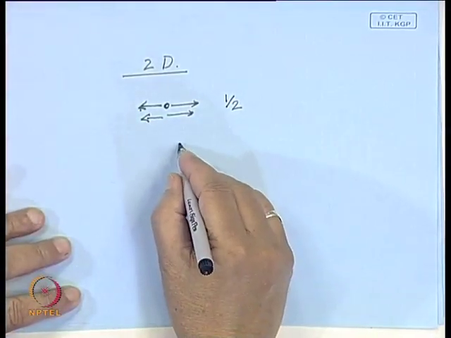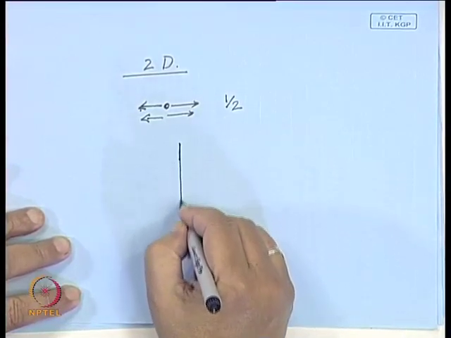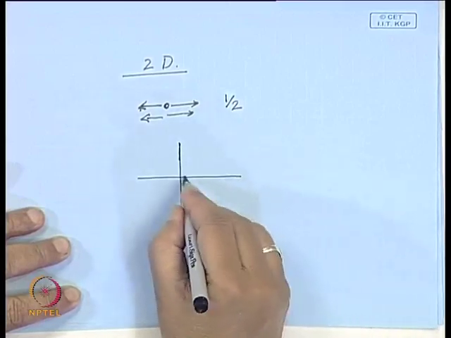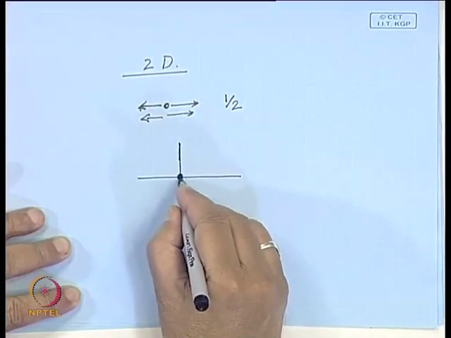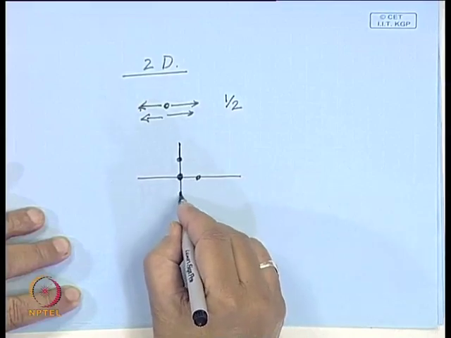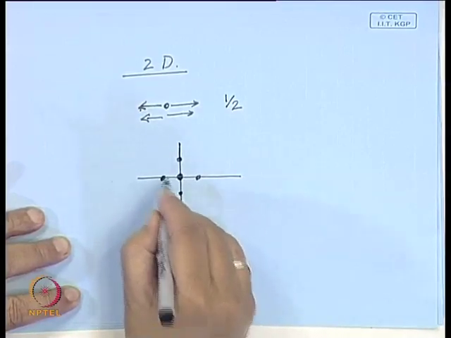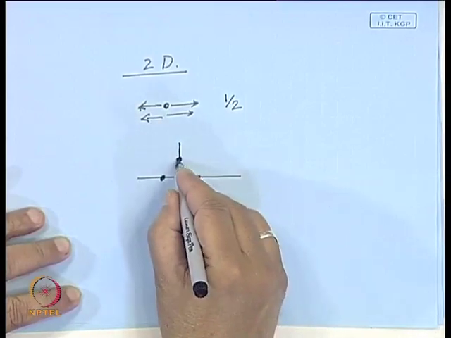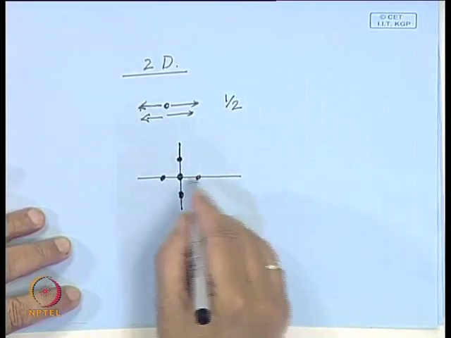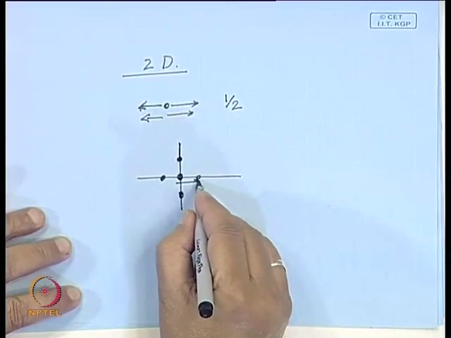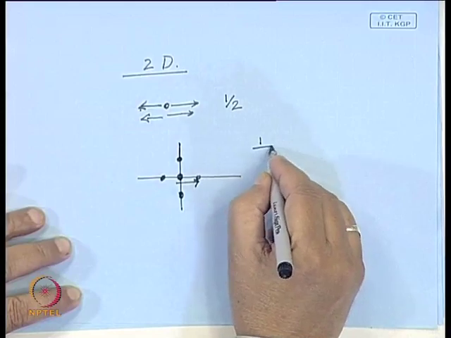Now, if you extend it to 2D, you have a grid. So, you have a point here. Now, this point can move here, here, here, or here. So, this means the probability of going in a particular direction is 1/4.